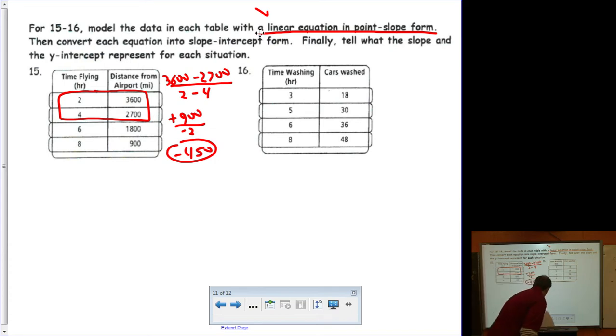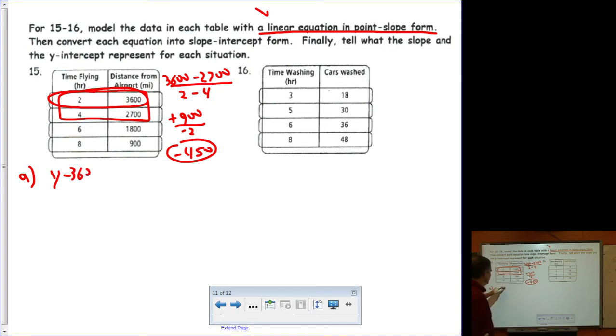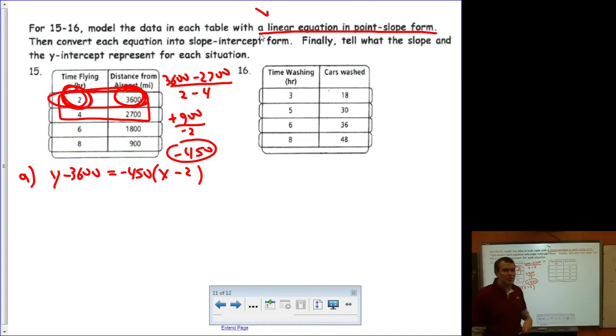And my equation would be, we'll call this part A, y minus, all right, I'm going to go ahead and use the first ordered pair to write my equation. y minus 3600 equals -450 times x minus 2. All right, I put 3600 in for y, I put 2 in for x, and got my equation.